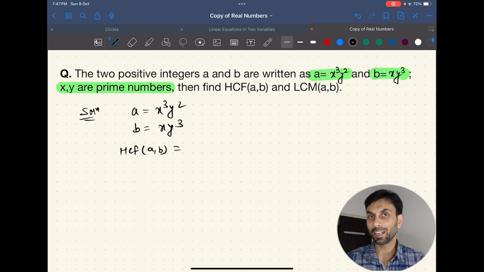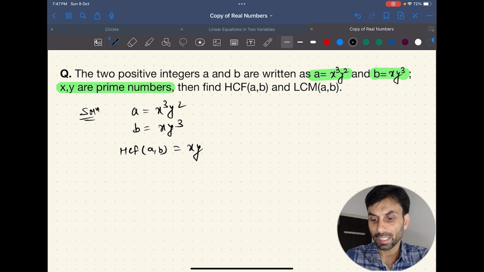And we know here x and y are prime, so they have already given us the numbers as products of powers of primes. In order to find HCF, let's take common factors. Both x and y are common, and the minimum power of x is 1 and the minimum power of y is 2. That means the HCF will be x y squared.